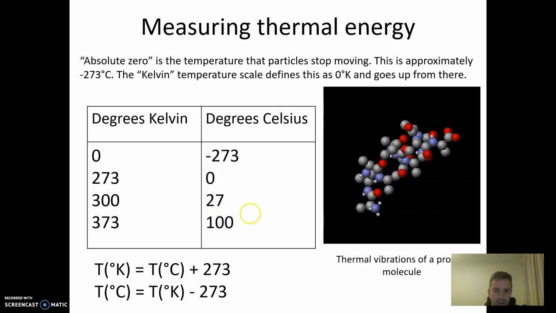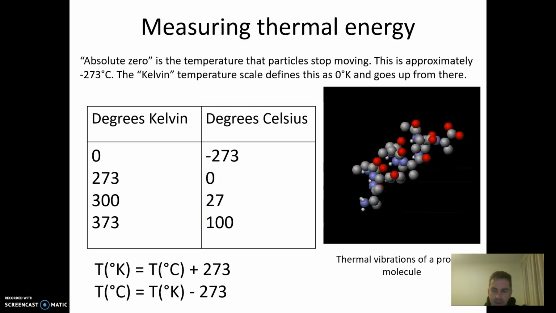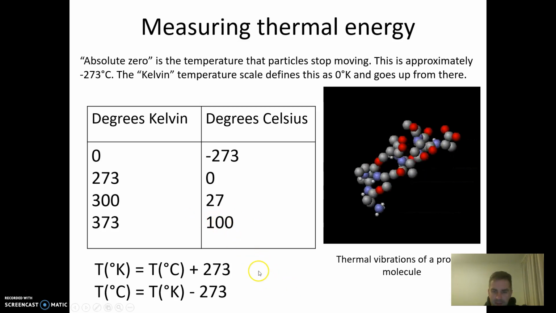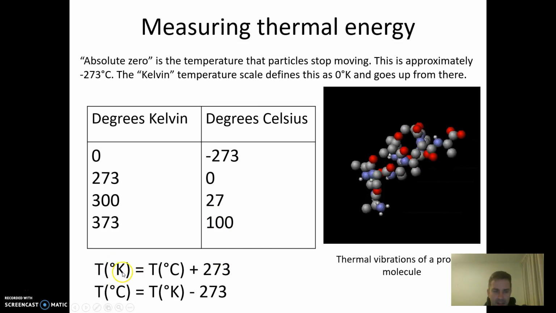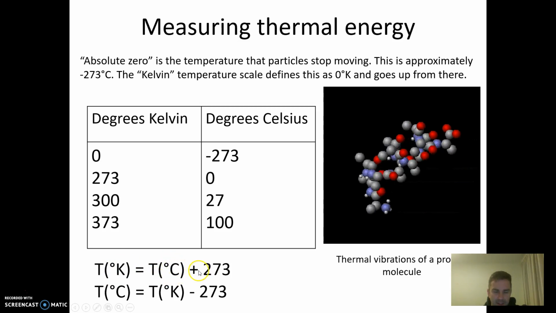And then 100 degrees Celsius is 373 degrees Kelvin, which is the boiling point of water. If you forget how to convert this, it's fairly simple. The temperature in Kelvin is just the temperature in degrees Celsius, add on 273. And then the reverse: if you want the degrees Celsius, you can take the Kelvin and minus 273.